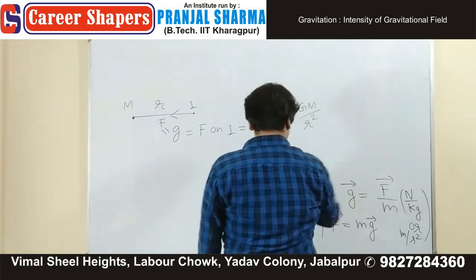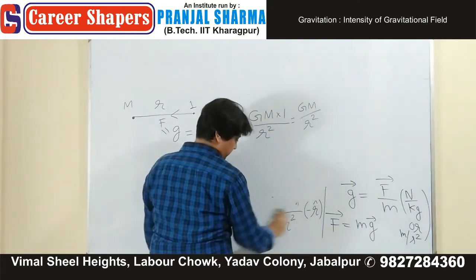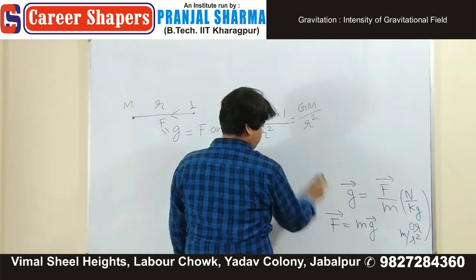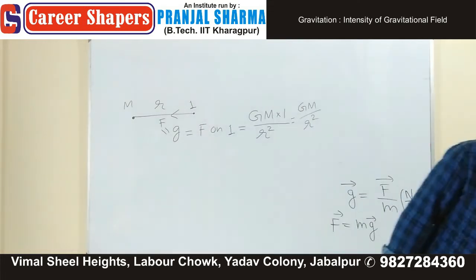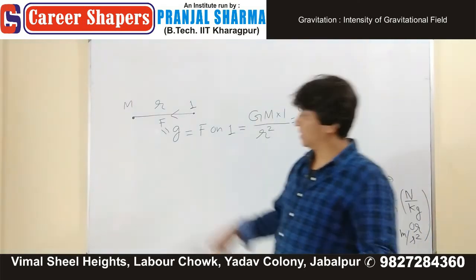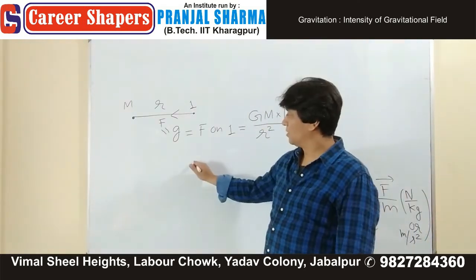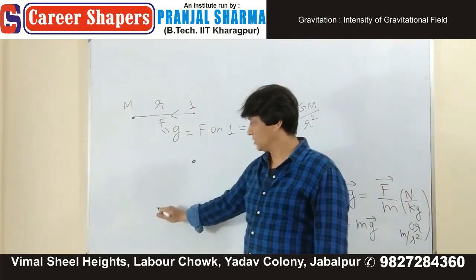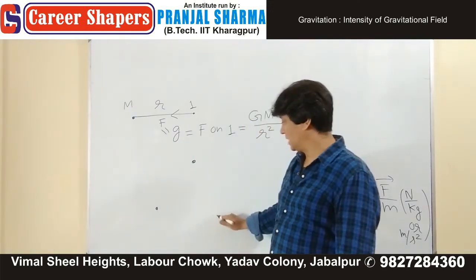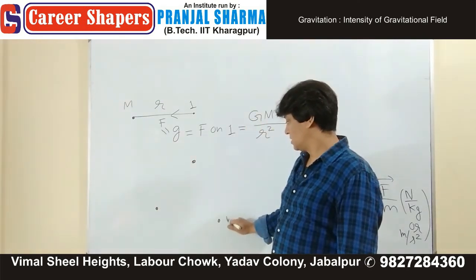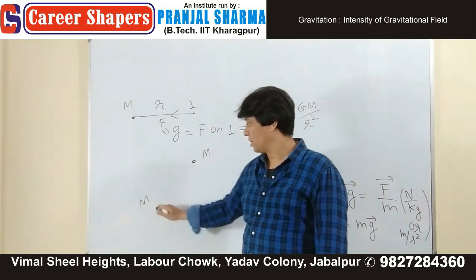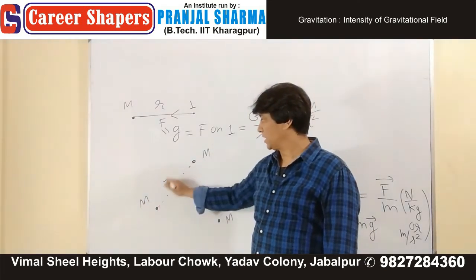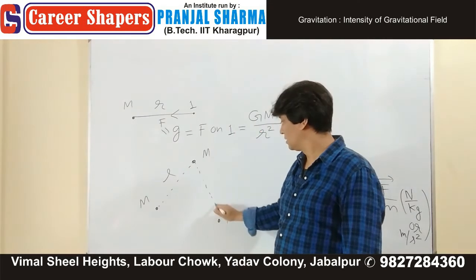Now let's see how many of you will answer this next part. Look here. We have three identical masses of m each, forming an equilateral triangle.